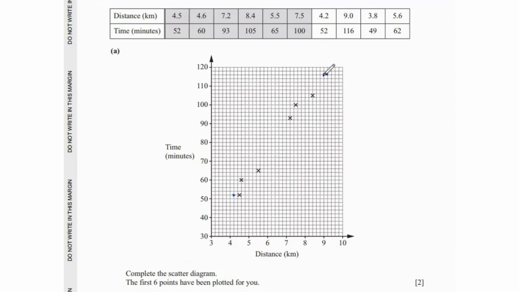That's 9 and 16. 3.8 and 49. 5.6 and 62. So these are your remaining points.